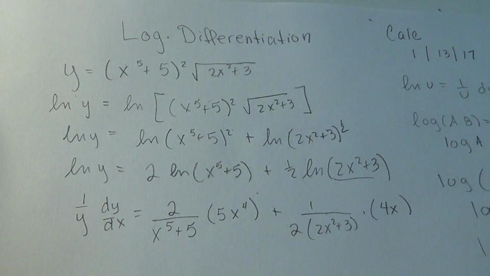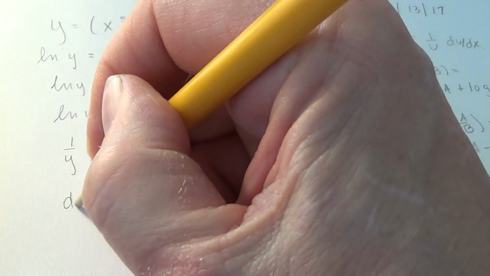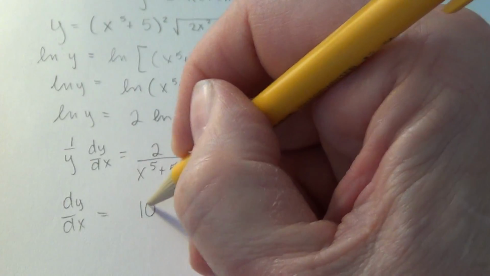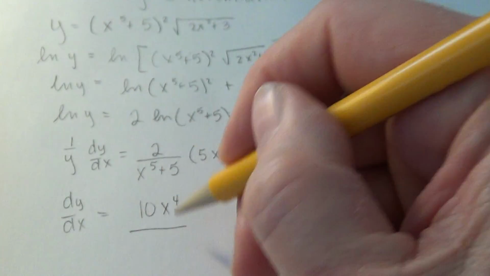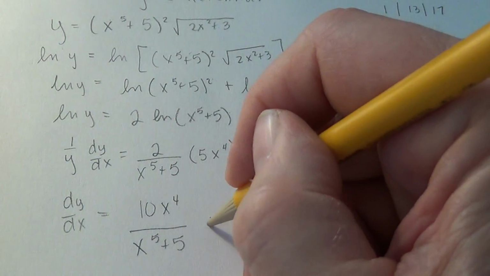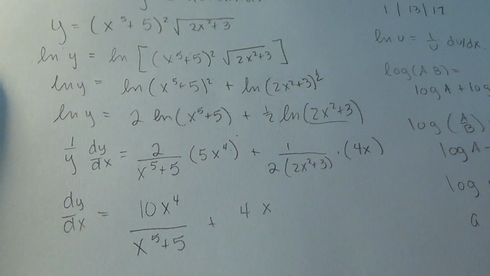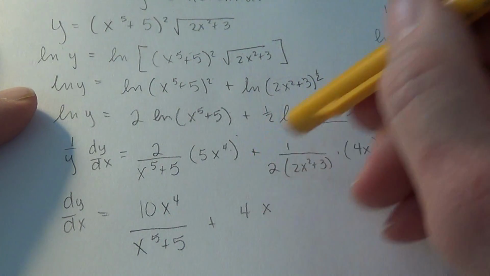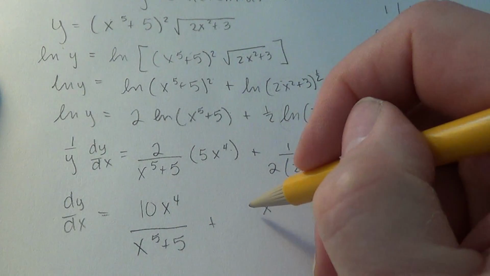All right, now we can clean this up a bit and bring the y over. This numerator combines over this expression, and this, oh yeah, the 2 here and the 4 here will combine, so I get a 2x.